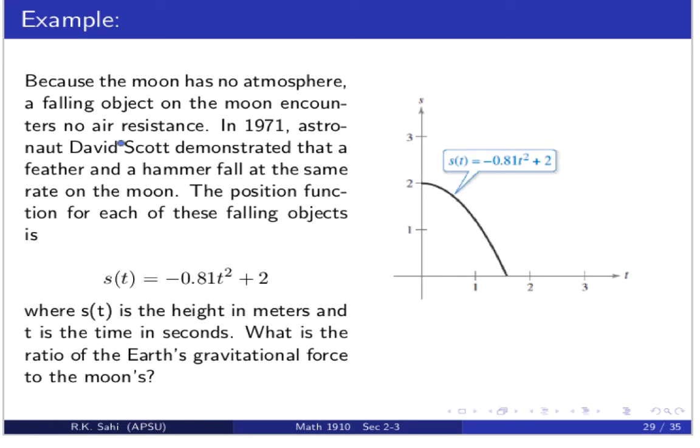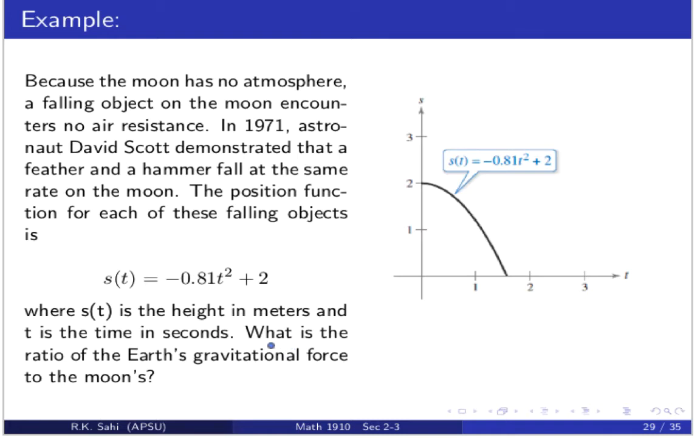We know the moon has no atmosphere, so a falling object on the moon encounters no air resistance. In 1971, astronaut David Scott demonstrated that a feather and a hammer fall at the same rate on the moon. Now the position for each of these falling objects was given by s of t equals negative 0.81 t squared plus 2, where s of t is the height in meters and t is the time in seconds.